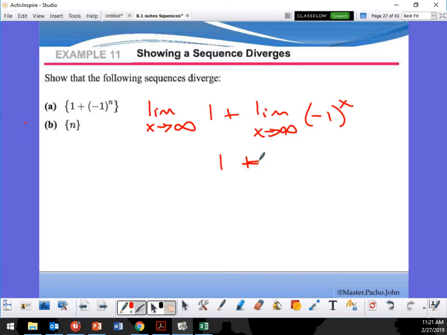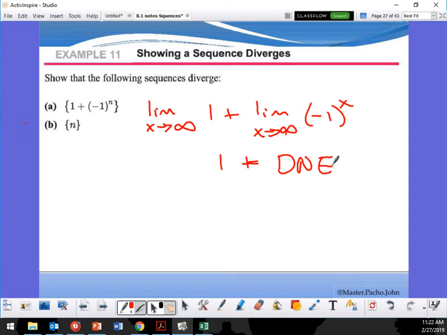It's alternating, right? Since this thing is alternating between these two points, it's not going to a limit. So this piece has no limit. Its limit does not exist. So 1 plus something whose limit does not exist means it's going to be divergent. If the limit doesn't exist, it's going to diverge.